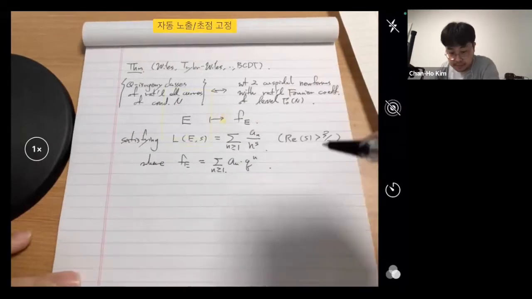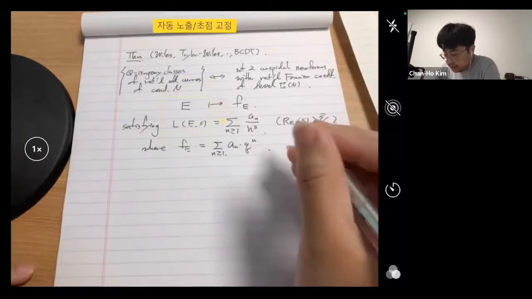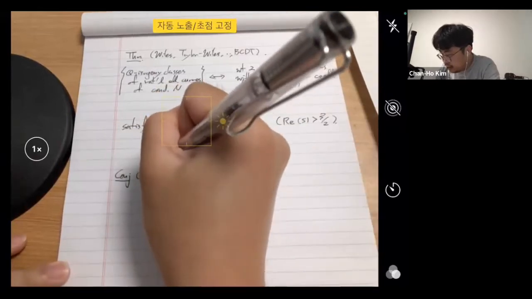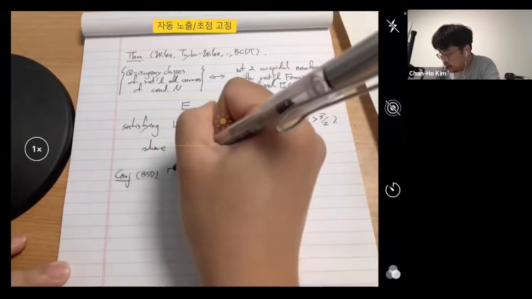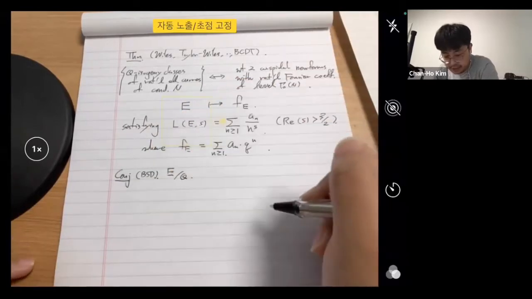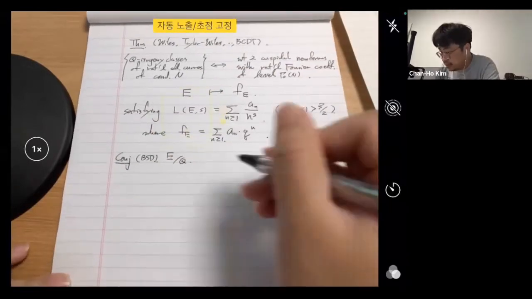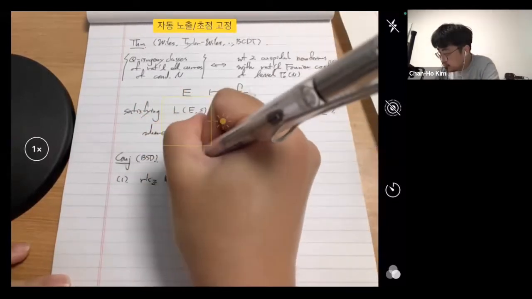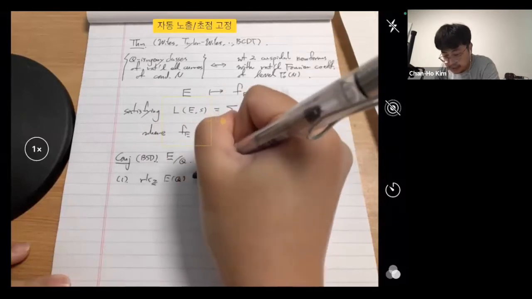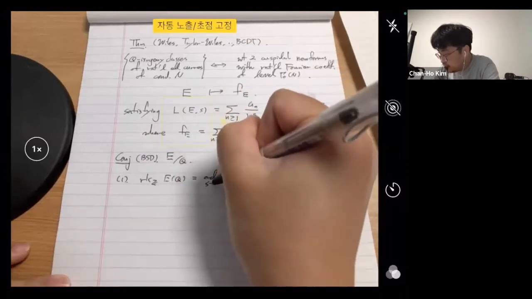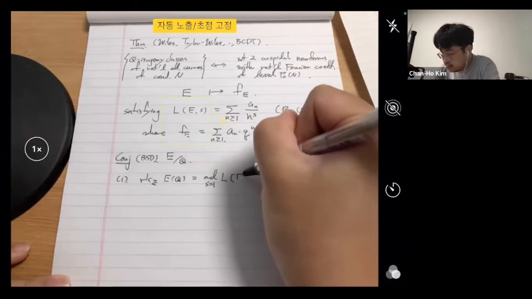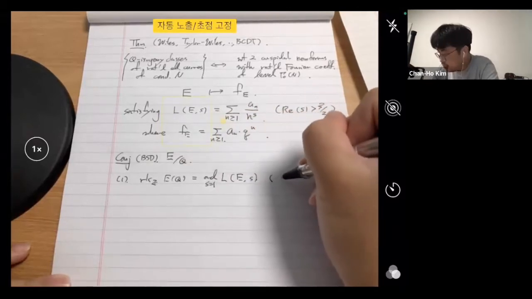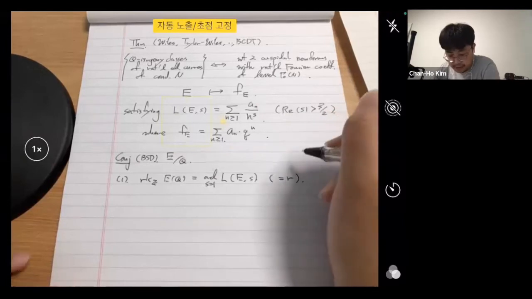Okay. Then the Birch and Swinnerton-Dyer conjecture is as follows. E over Q is a rational elliptic curve. The first statement, as Francesca said, is that the rank is the same as the vanishing order of the L-function, which I just call r.